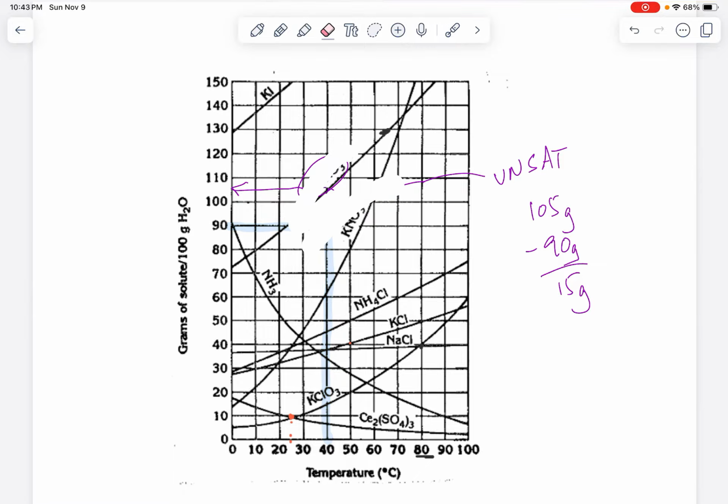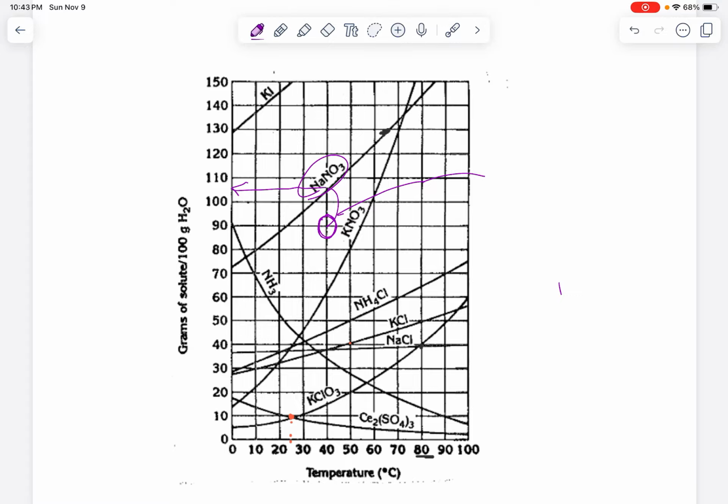Let's do something else that's a little bit more complex. Let's say that we had a saturated solution. Sorry about this mess. Let's say that we had a saturated solution of NaNO3, and let's say that it was right here.